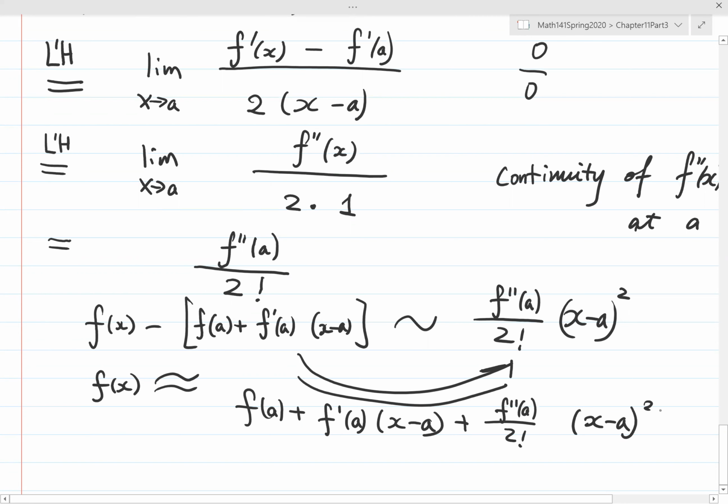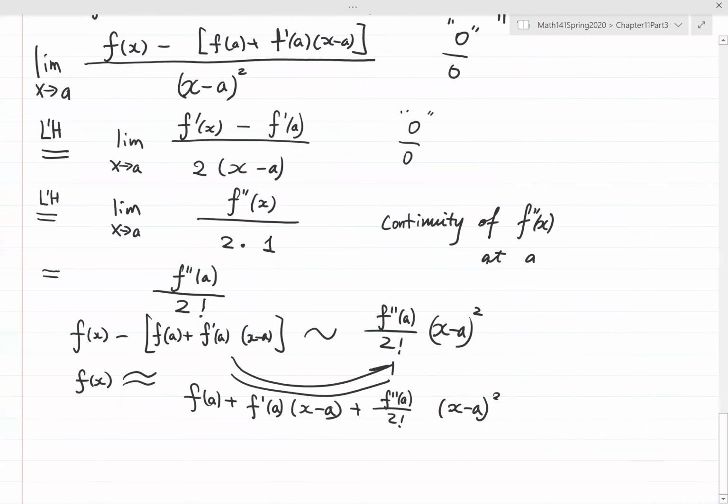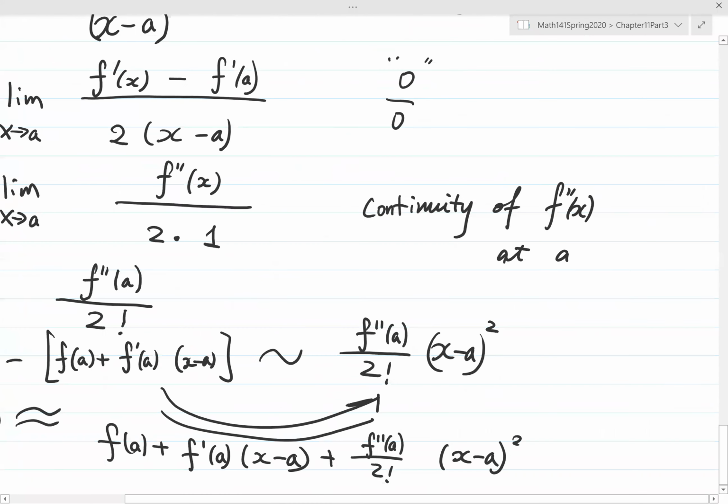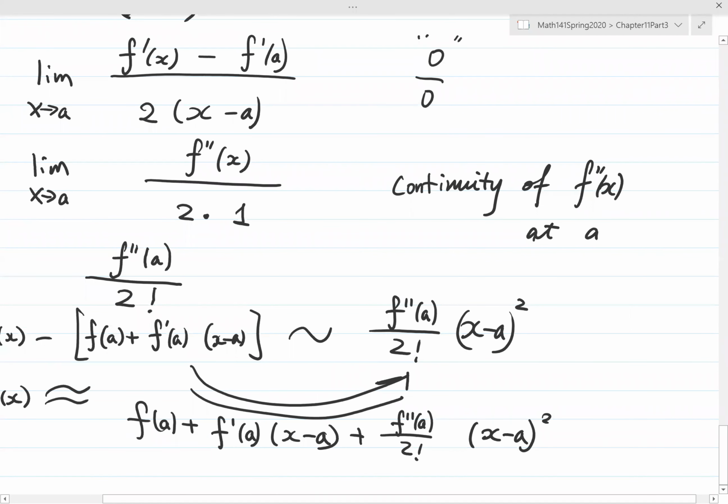You see, the right side is exactly the Taylor expansion in degree 2. So this way, when we apply a more general version of linear approximation, or use L'Hopital's rule, we get exactly the form of Taylor's expansion.